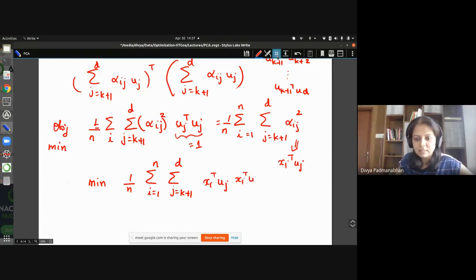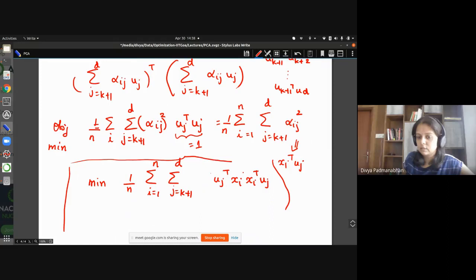It's just the two numbers that I'm multiplying here, so I will write it in a slightly different way: uj transpose xi and xi transpose uj.